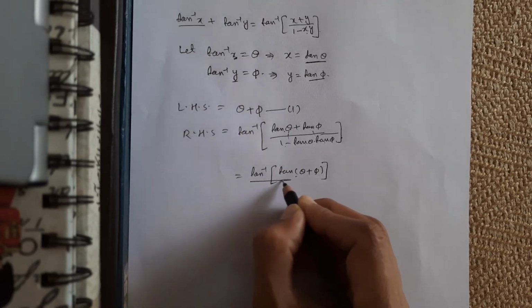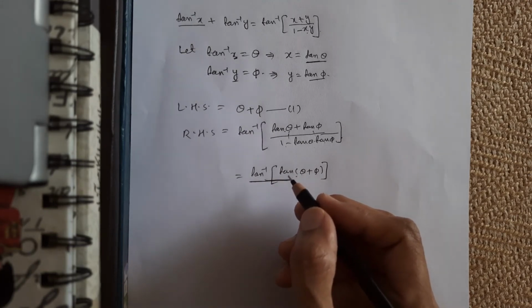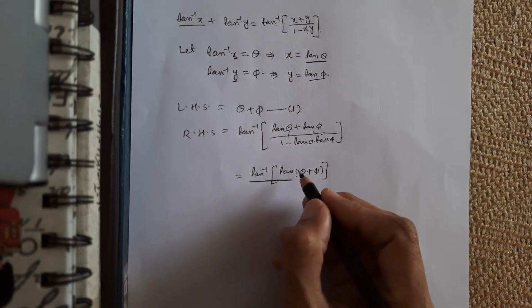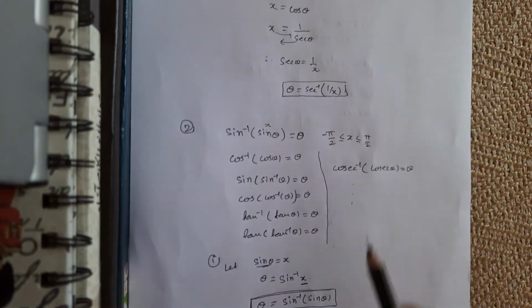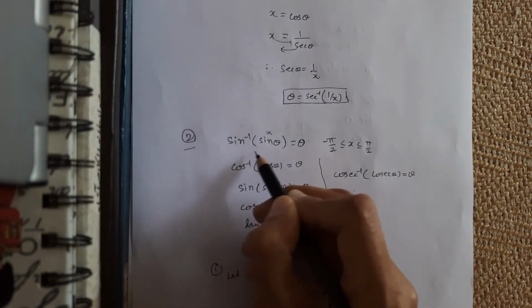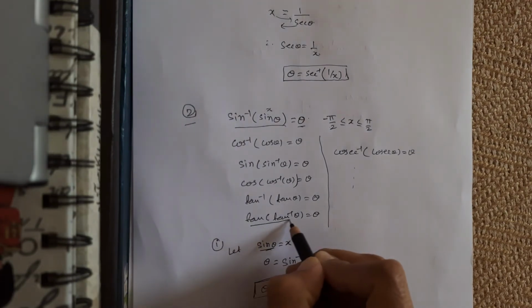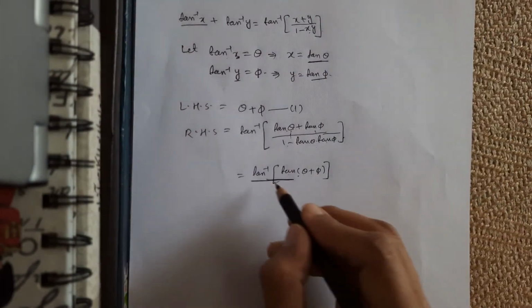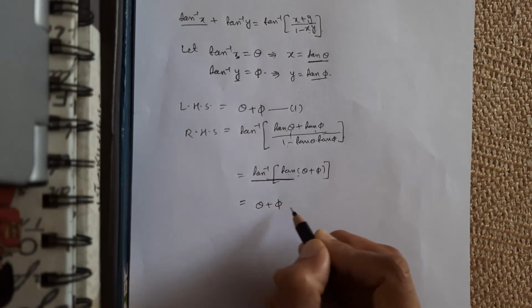Now from the property, we know that if an inverse and the simple trigonometric ratio come together, then it is equal to the angle itself. For example, here we have seen this second property: sin inverse of sin theta is theta, or tan inverse of tan theta is theta. So we are using this property here. This gets cancelled, leaving theta plus phi.